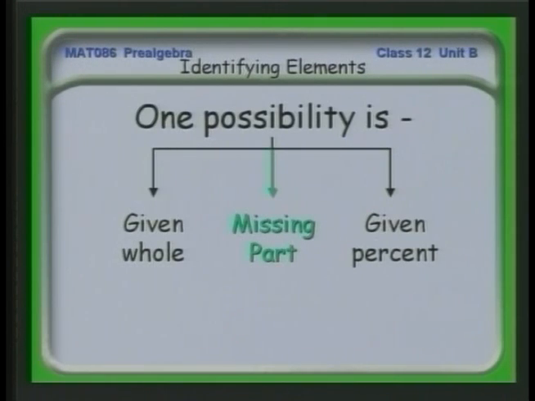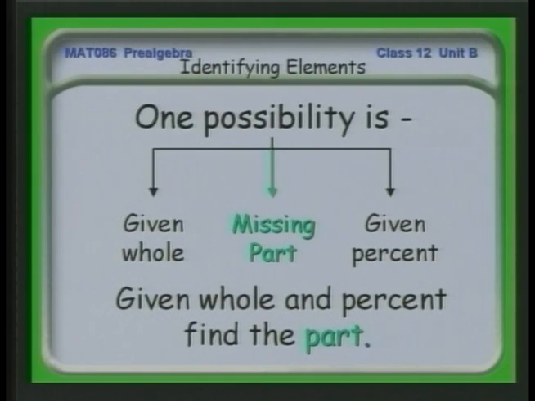Let's look at some actual examples. We're going to start with where we're given the whole thing, we're given a percent, and we find the missing part. And we remember that if we know two of these three things, we can get an equation that lets us work out the third.